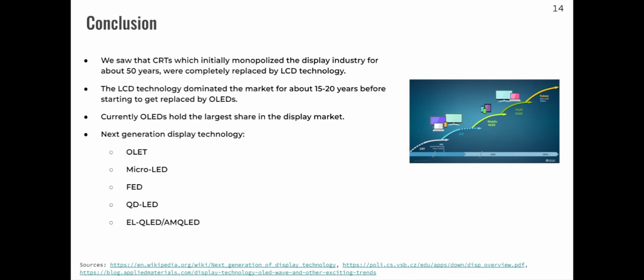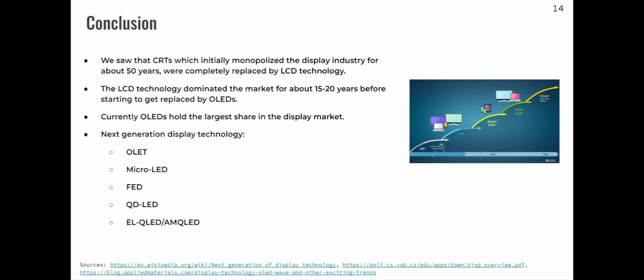Some of the next generation display technologies include the OLETs, which is organic light emitting transistors, the micro LED, FEDs, which is field emission display, the QD LEDs, which is quantum dot LEDs, and ELQD LEDs and AMQD LEDs, which are the electroluminescent quantum dot LEDs and the active matrix quantum dot LEDs.